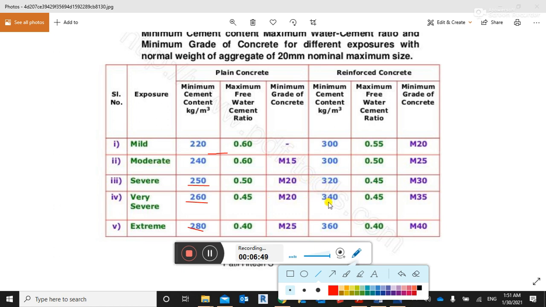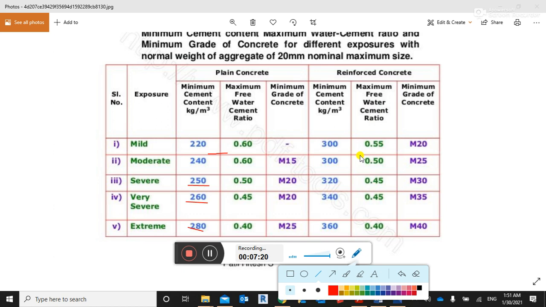In the very severe condition we can use 340, and in this extreme condition we can use 360. Guys, these are the very minimum cement content in 1 meter cube of concrete. See, from mild condition to extreme condition, in the mild condition 300 and in this extreme condition 360. The amount of cement increases.